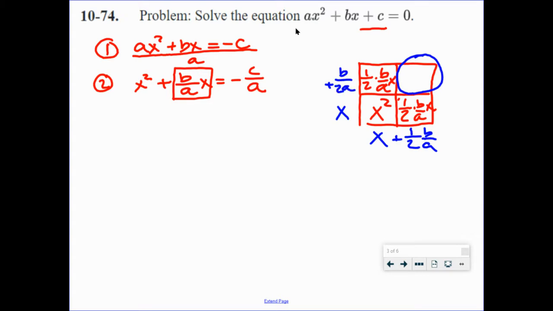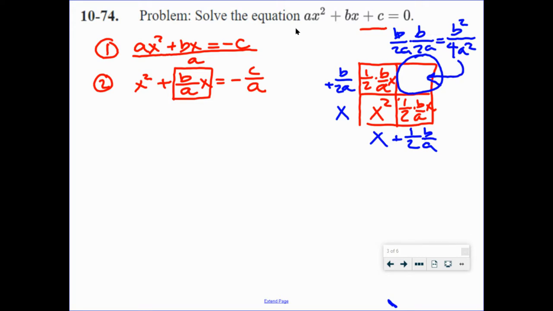So that would be the start of completing the square. And when you multiply those two together, you do b over 2a squared, we should get b squared over 4a squared in this box right here, all right?